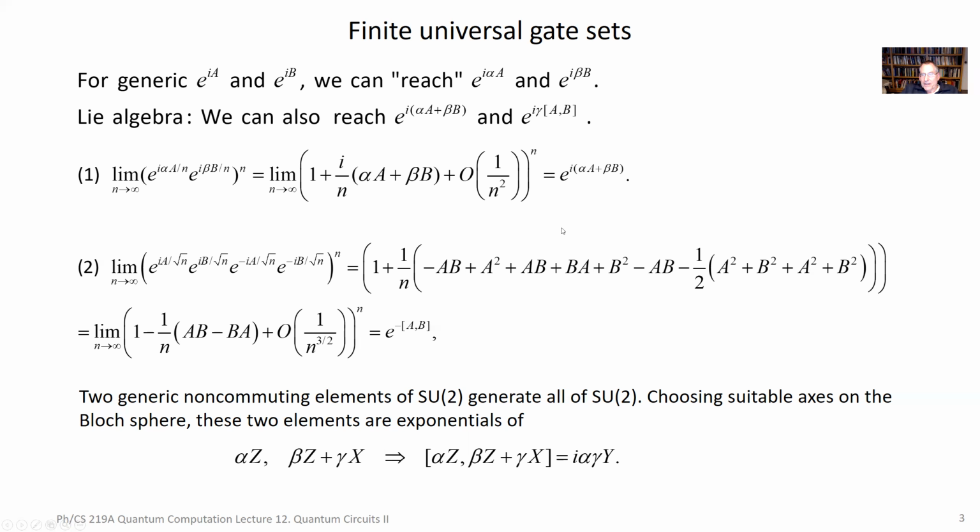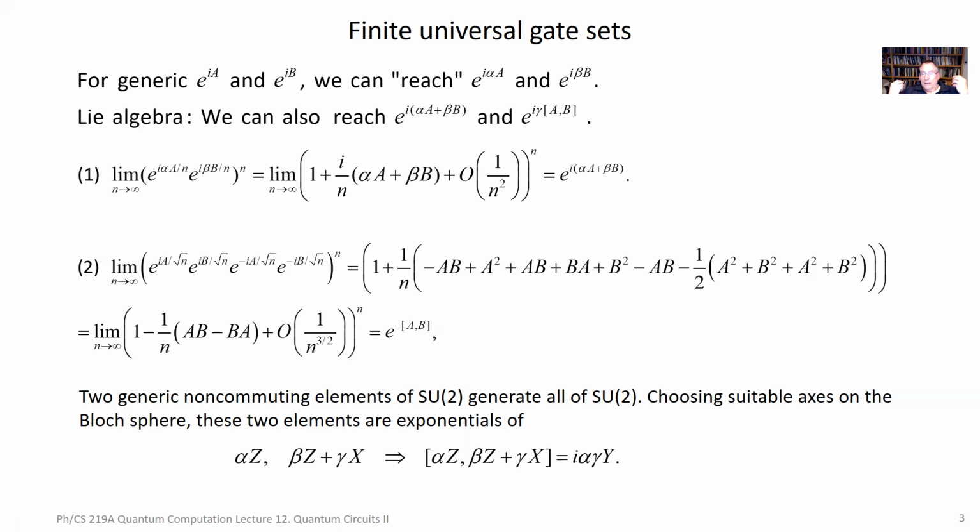And now I know I can also get as close as I want to the commutator of the two. And the commutator of the two is going to be proportional to Y. Generically, alpha, beta, gamma are all irrational. So is the product of alpha times gamma. And so this means that from the commutator, I can build up any rotation I want about the y-axis.